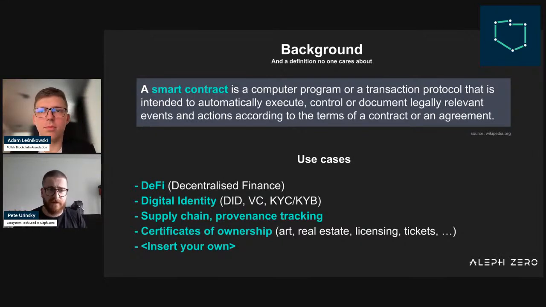So there's numerous use cases. And of course, we always encourage everyone to come up with their own use cases, because this is still a very young and exciting space. So we encourage everyone to basically think of their own next great dApp.